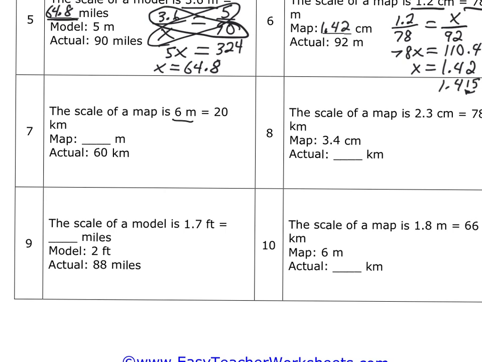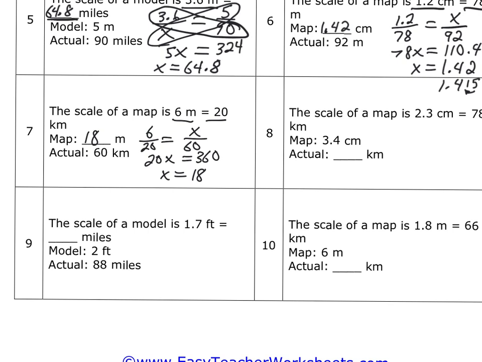Scale of the map is 6 meters to 20 kilometers, so we have map and actual. We don't have map, but we do have actual for the second fraction. 20 times x is 20x. 6 times 60 is 360. And we divide both sides by 20. And we get x is equal to 18.